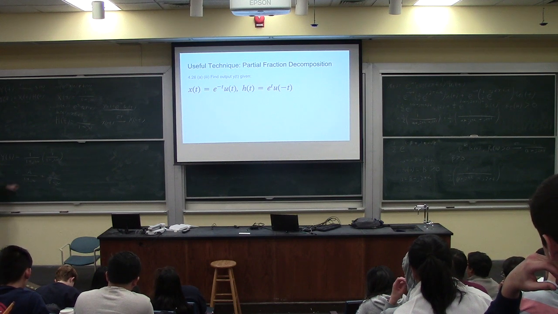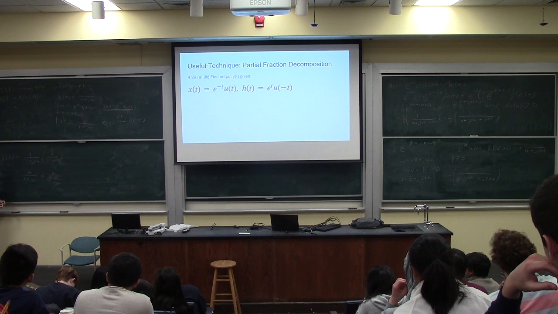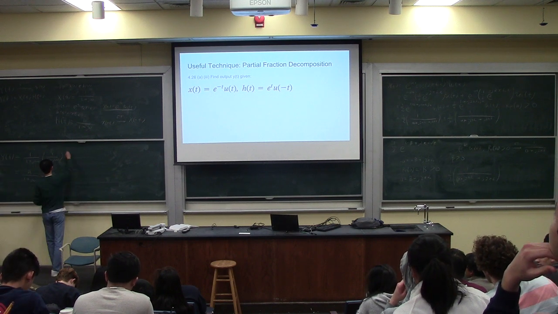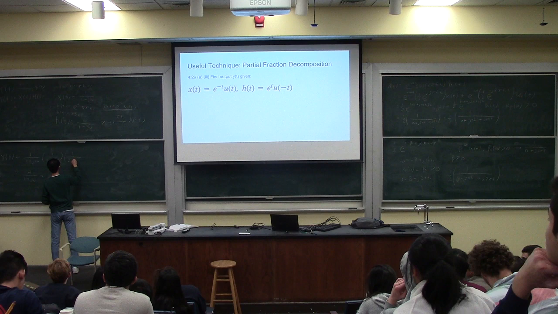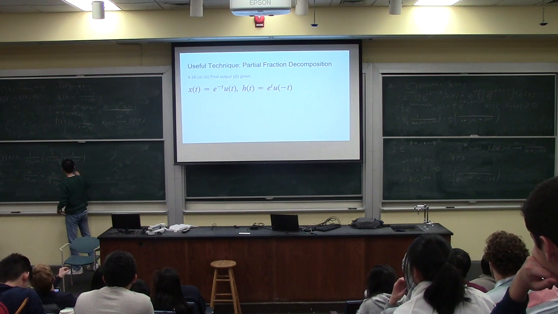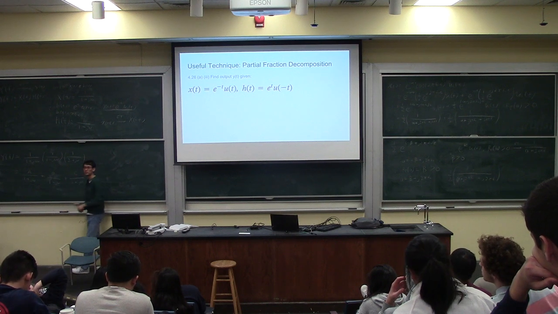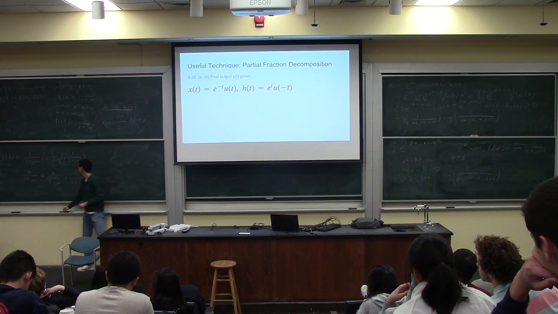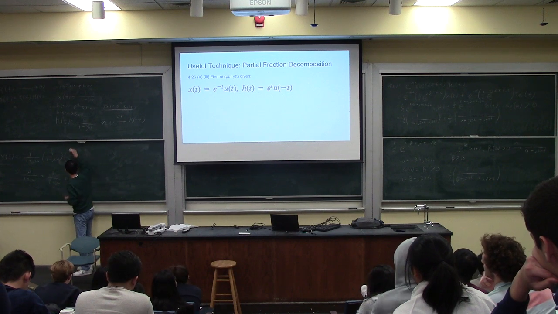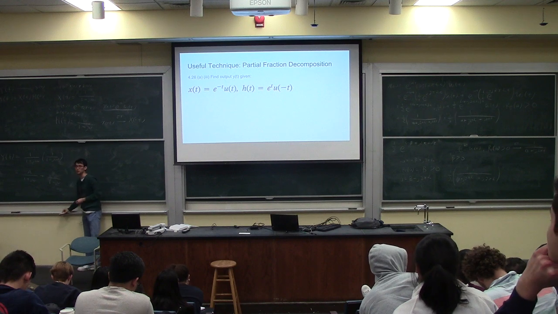So all you really need to do is solve for alpha and beta. And this is a partial fraction decomposition. If there was another factor, like let's say 1 over 2 plus j omega, then you just add another term where it would be 2 plus j omega. But that's not the question, so we're not going to do this part. So now you just need to solve for alpha and beta.